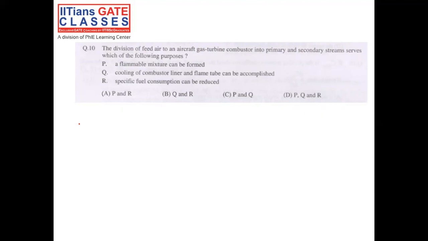The primary stream is injected for efficient ignition of the combustion chamber, and the reason of injecting the secondary stream is basically to cool down the combustor inner flame tube, to reduce the turbine entry temperature, and also it reduces the release of nitrogen oxides. So these are the main reasons of dividing the main air stream into primary and secondary stream.